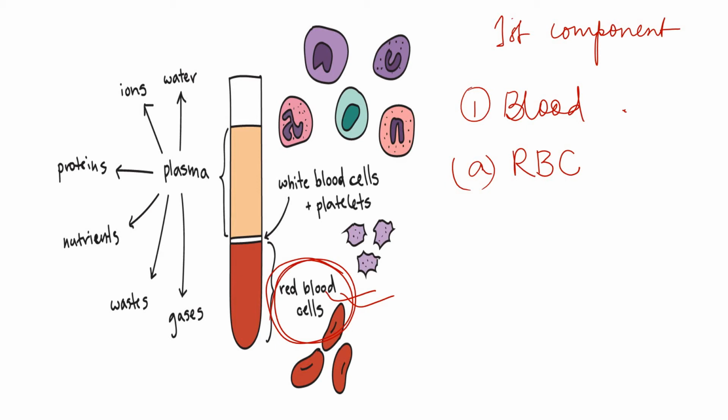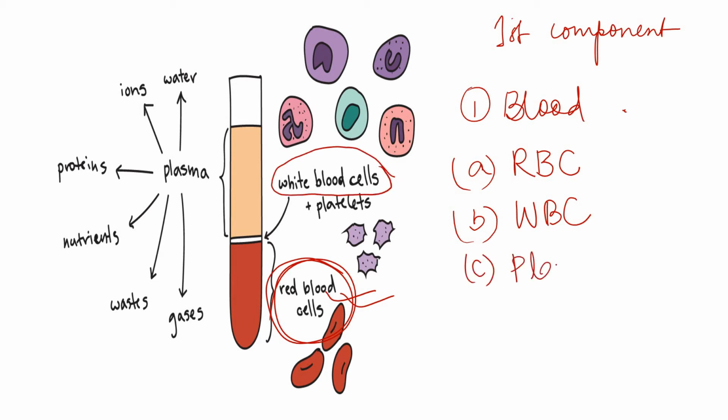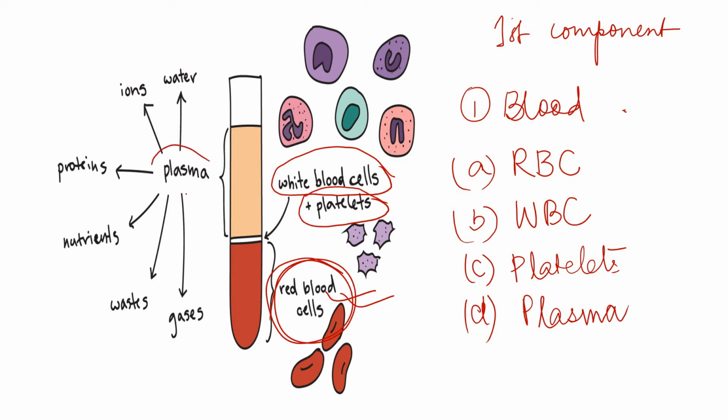Then number two, it consists of WBC. You can see this one, WBC, white blood cells. Number C, it consists of platelets. See here, these are the platelets. And D, it consists of plasma. See, this is the plasma.